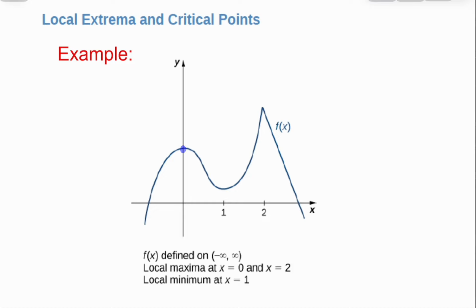This is local max, this is local min. So we can label it as such. Absolute max is considered a local max, but it is the absolute. This one is a local or relative minimum. This is a local or a relative maximum.